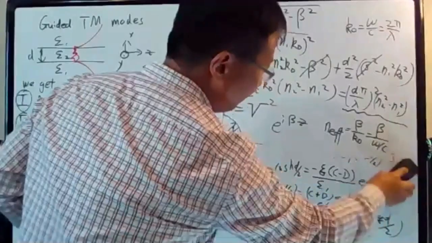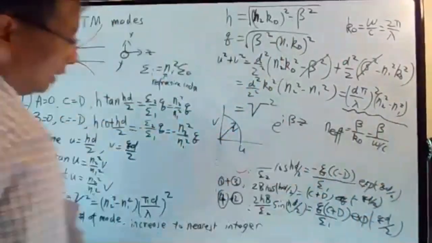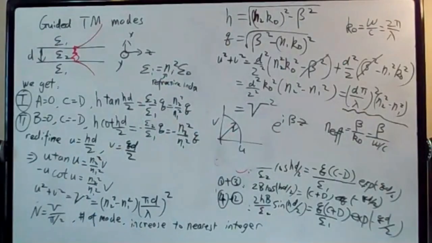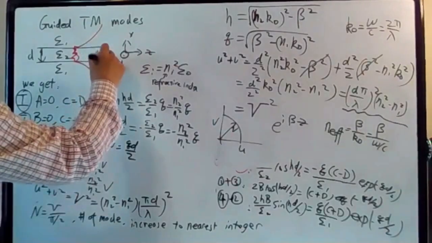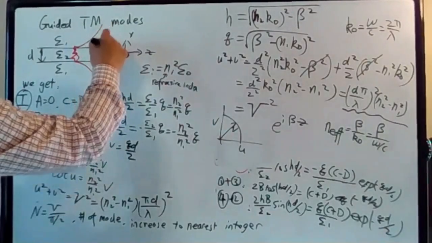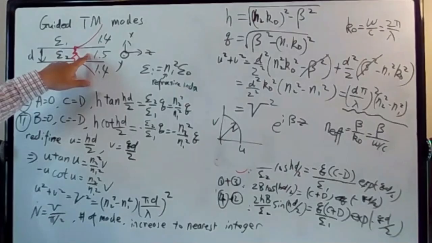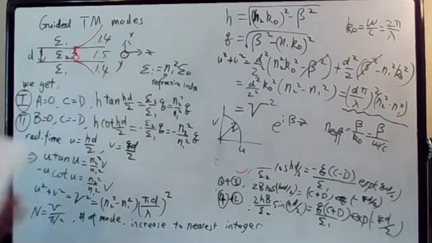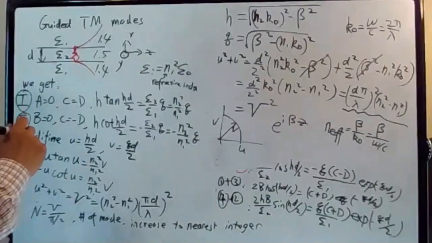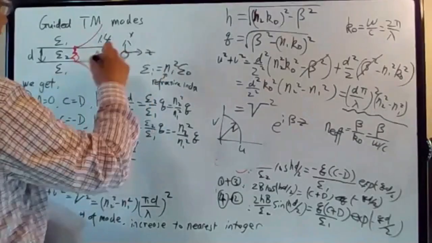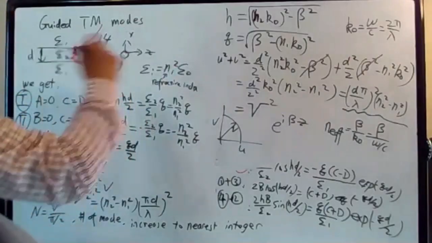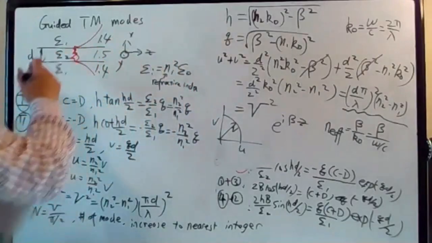For example, if I have index 1.5, or index 1.4, what it means is that if I have a glass at 1.4, the light propagating in this medium gives a certain speed, right? So the speed will be v equals c over n.